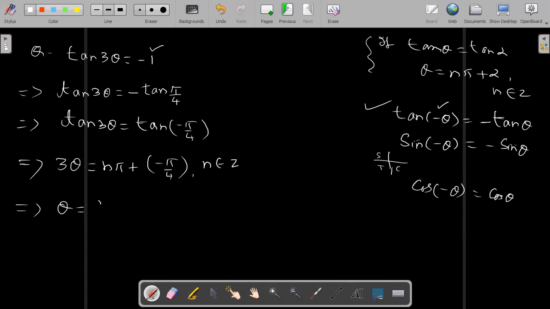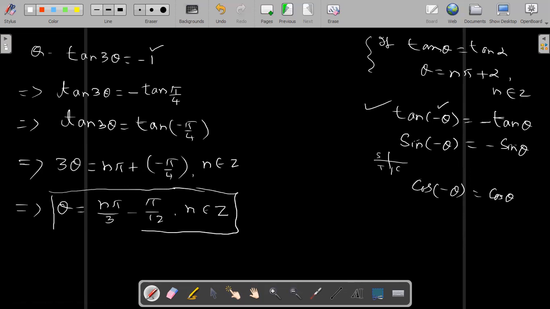So theta will be equal to n pi by 3 minus pi by 12, where n is an integer. That is the general solution of the given equation. So remember how to bring the negative sign inside. Negative, we can bring inside for sine and tan.